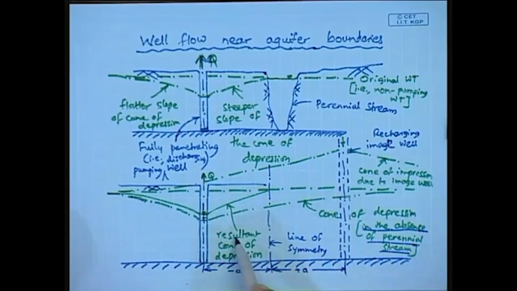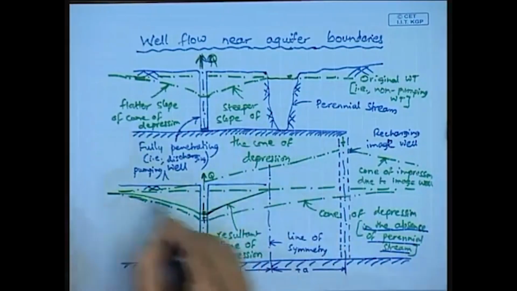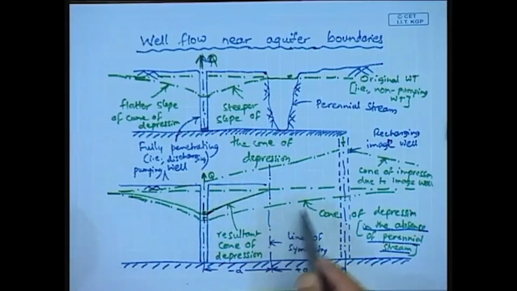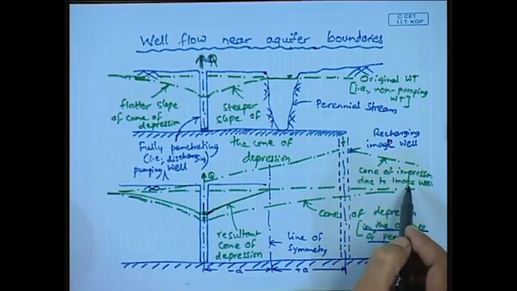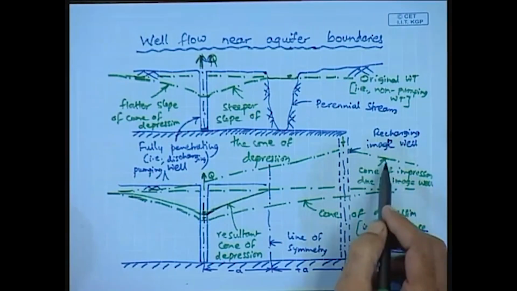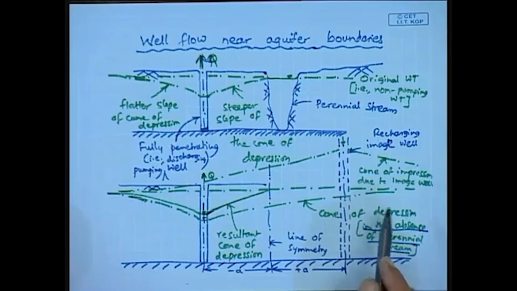So, finally, we get this resultant cone of depression as shown by this solid green line, which is the resultant of the cone of depression in the absence of perennial stream, shown by this dot and dash convention, as well as the cone of impression due to the image well, which is imaginary and which is providing the same effect as the perennial stream.